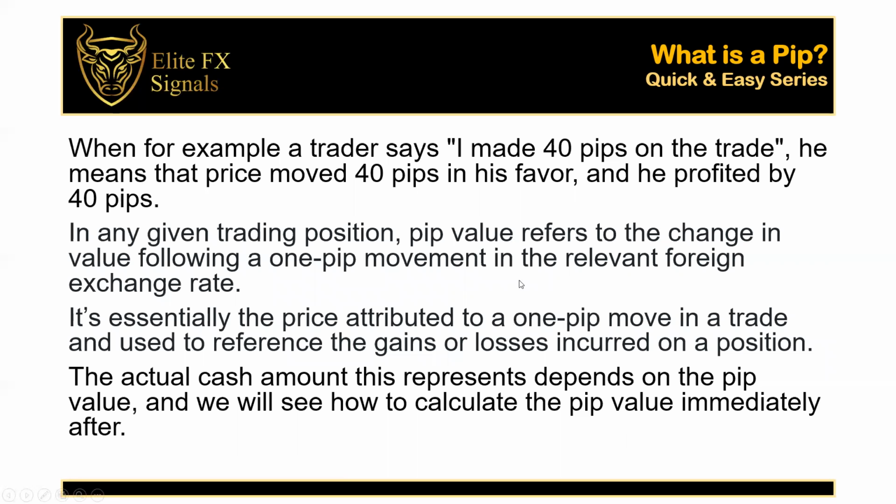So it's essentially the price attributed to 1 pip move in a trade, and it's used to reference the gains or losses incurred on a position. So the amount of money that we lost or gained.